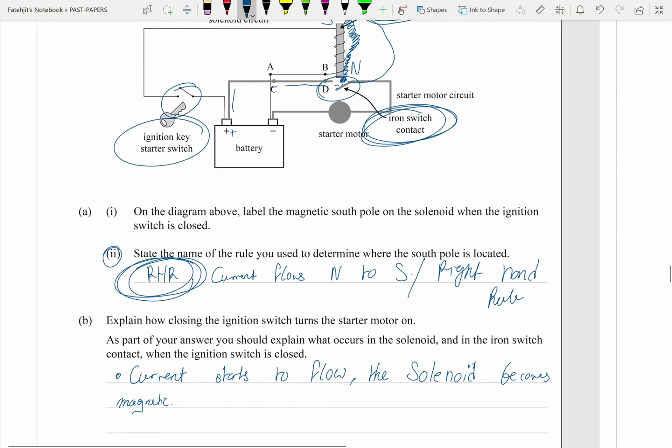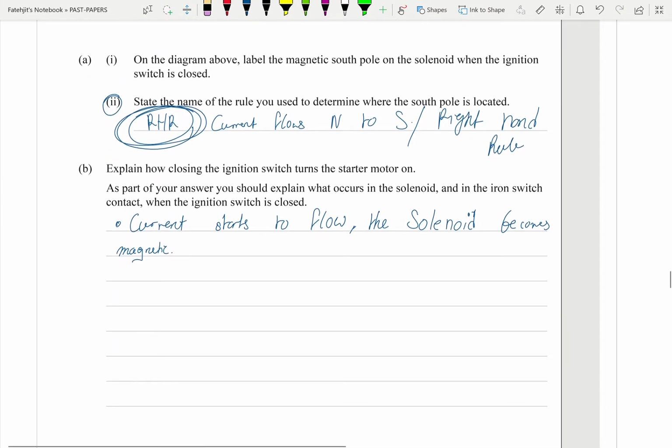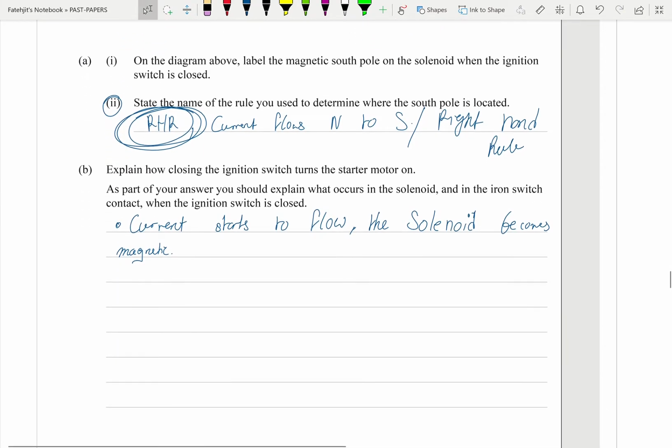Therefore it will close that circuit, making this a complete circuit, basically. So we can write: the current starts to flow. A magnetic field is created / produced.